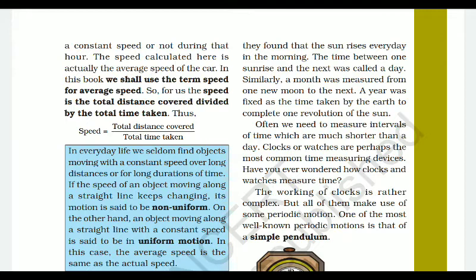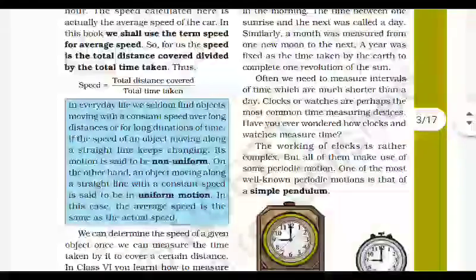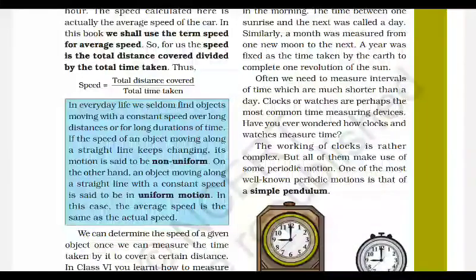If the speed of an object moving along a straight line keeps changing, its motion is said to be non-uniform. On the other hand, if an object is moving along a straight line with a constant speed, it is said to be in uniform motion. In this case, the average speed is the same as the actual speed.